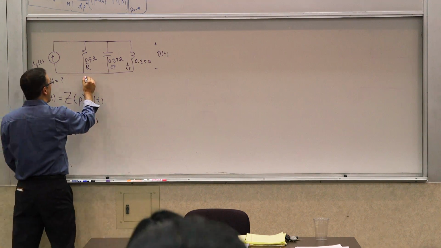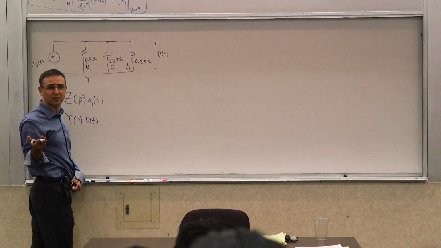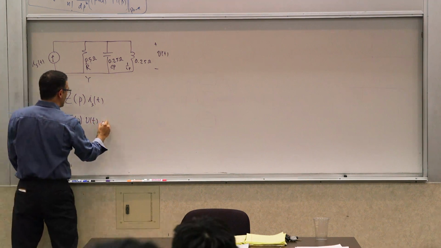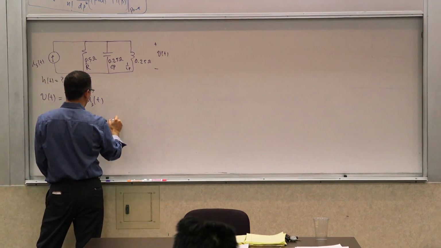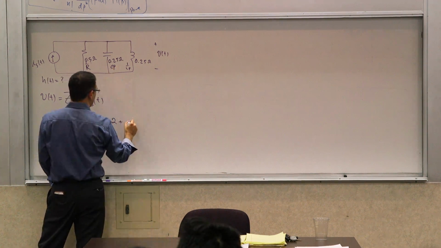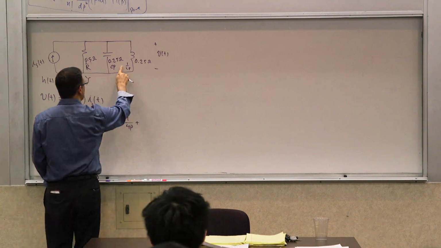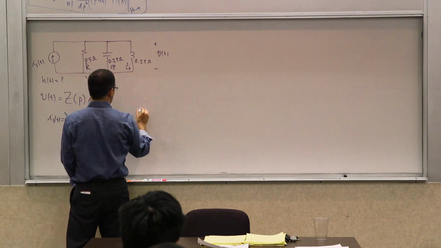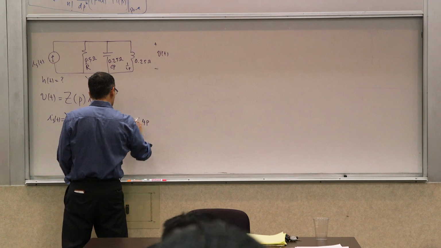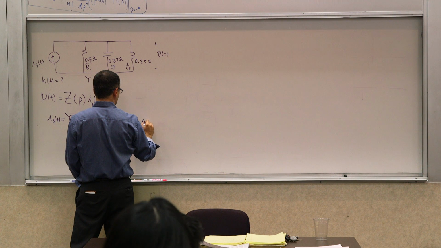So now Y's, the admittances, are the general form of conductances, right? So you can combine the 3 of them. So you can say Yp is essentially what? 1 over R, which is 1/2, plus Cp, which is 1/4 of p, so p over 4, plus 1 over Lp, which is 4 over p.